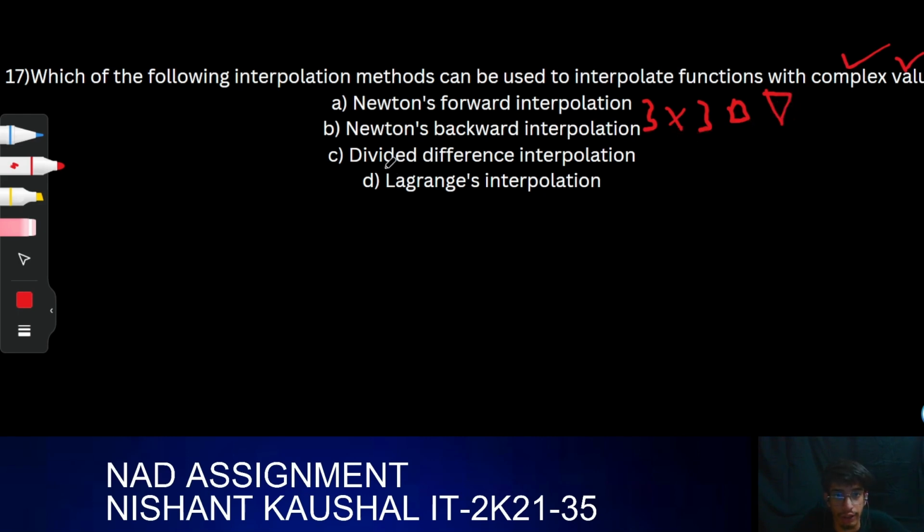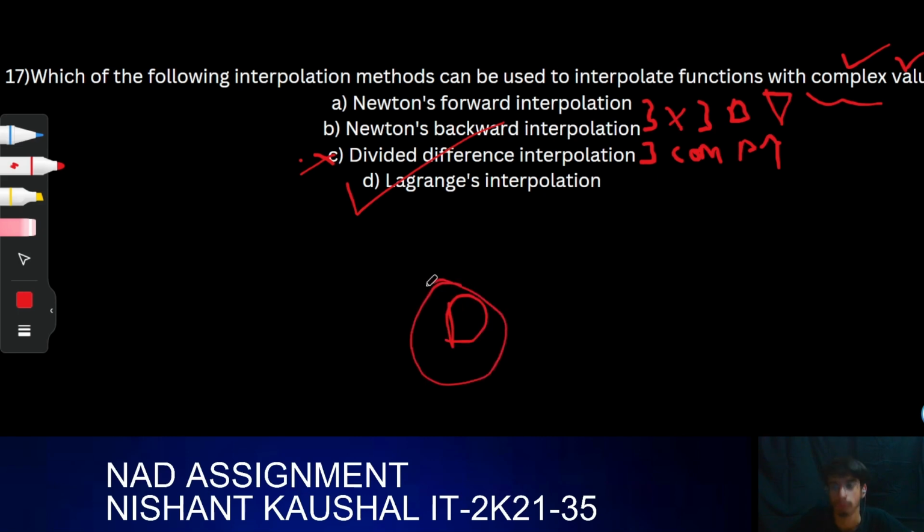In divided difference interpolation, we use the concept of divided differences, so its computation is much higher, and we can't use complex values even in divided difference operators. So the answer will be D, Lagrange's interpolation.